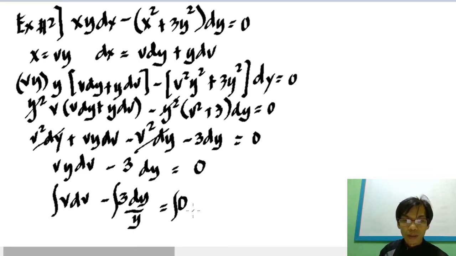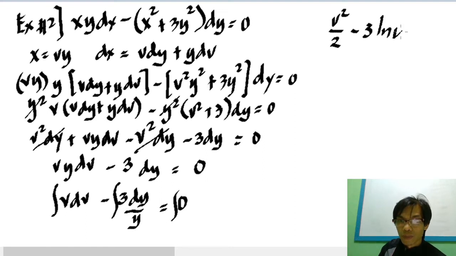What's the integral of v dv? We have v squared over 2 minus, in this case, the integral of 3 dy over y is 3 ln of y, and that is equal to, we can put that as ln of c.